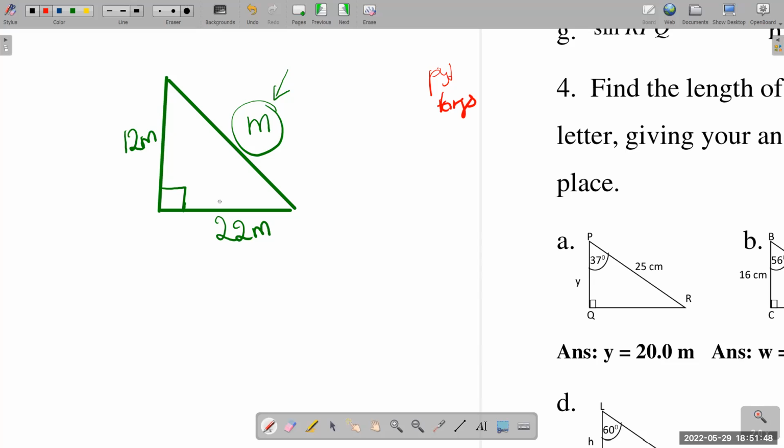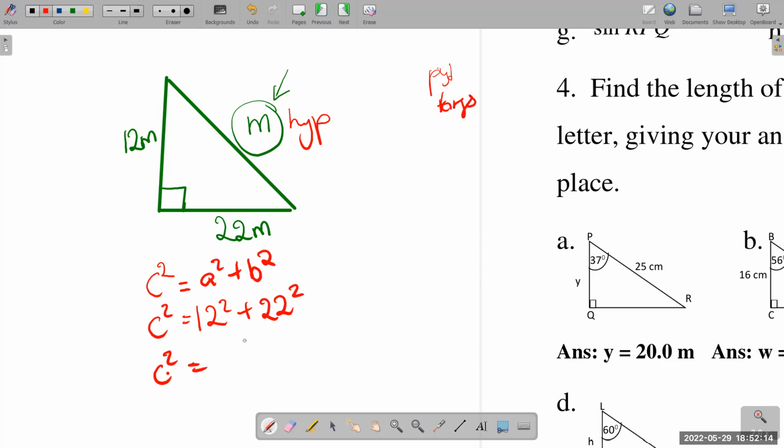All right. So what do we always start with? The formula. C squared is equal to A squared plus B squared. This is easy because C is the hypotenuse. So to find the hypotenuse, I have to square the 2 other sides and add them up. So there we go. That's 12 squared plus 22 squared. So C squared equals what?